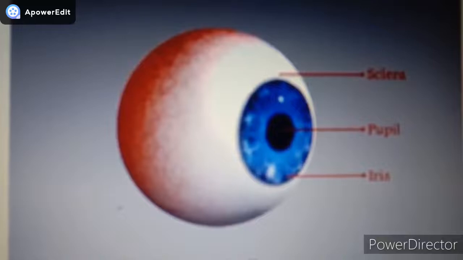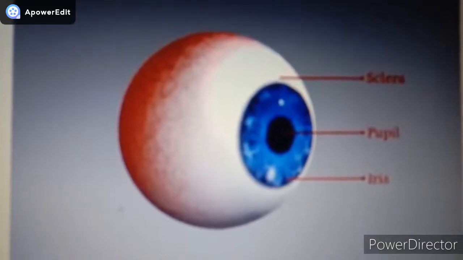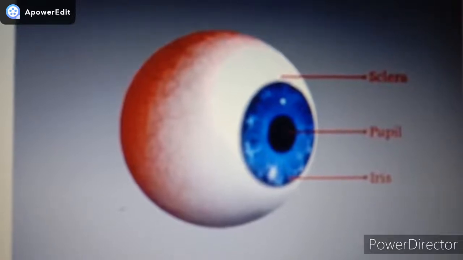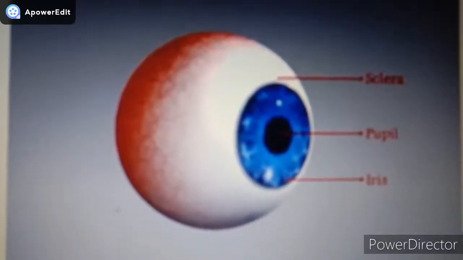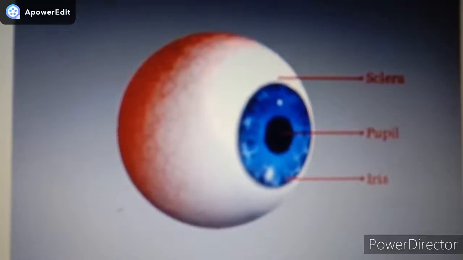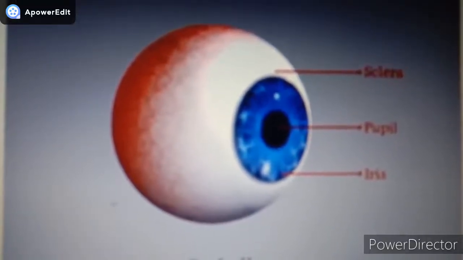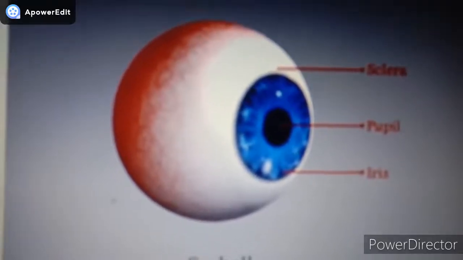Now, the front white part of the eye is known as the sclera. This circular opening in the center of the eye is known as the pupil, and this colored portion of the eye is known as the iris.